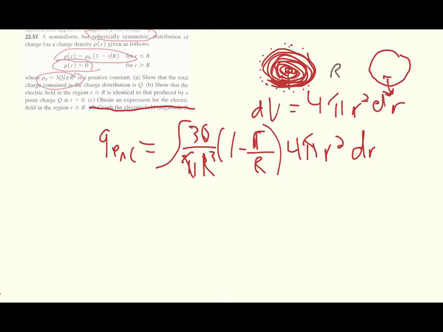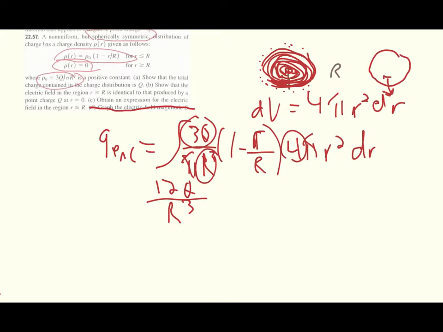Then we're going to factor everything that's not our variable out. So we're going to have 12Q over capital R cubed on the outside here. That takes care of these constants.